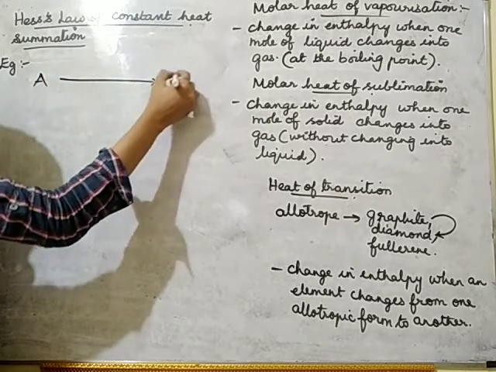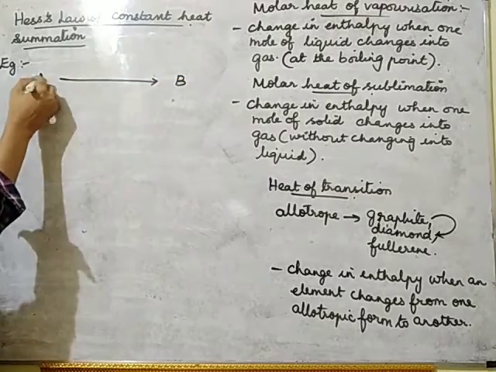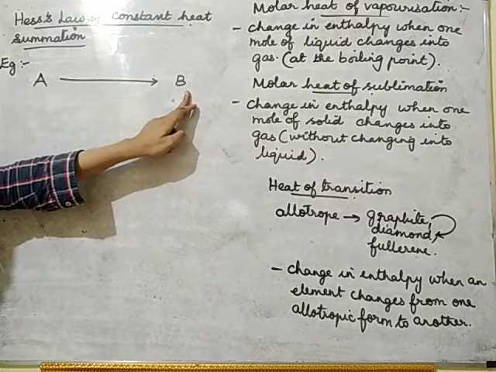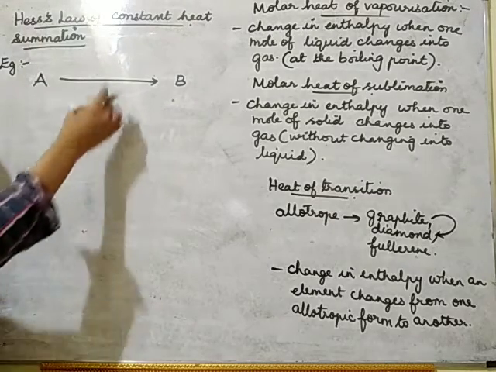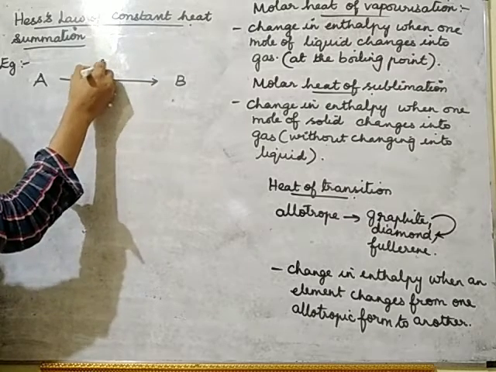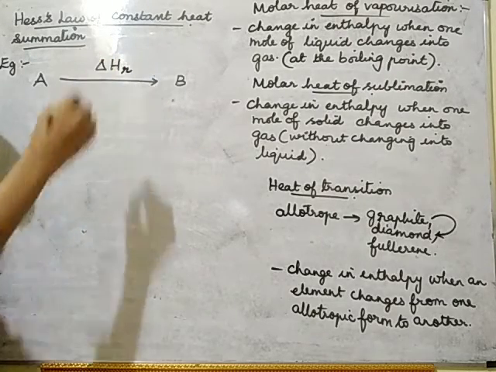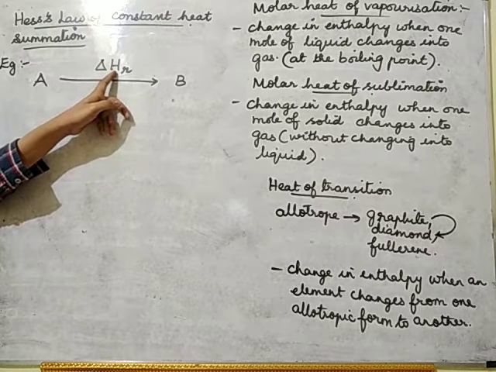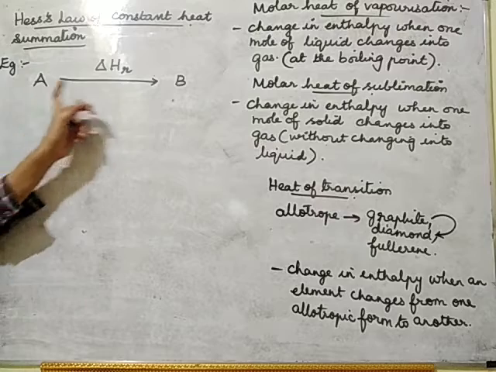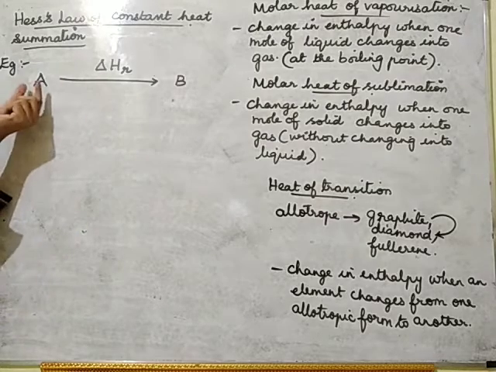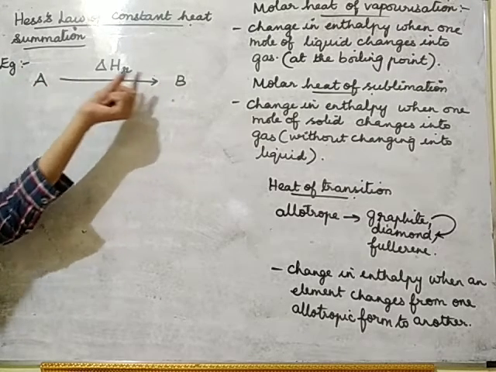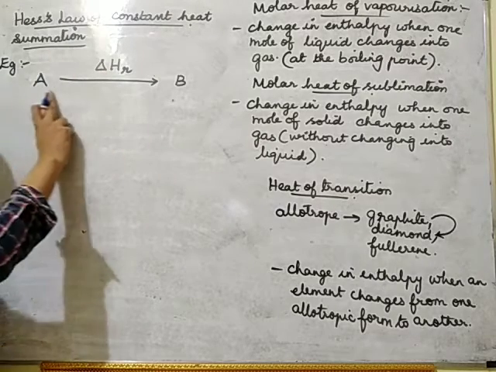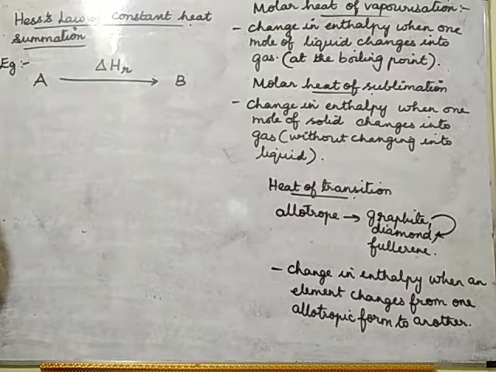This substance is going to form a compound B. So a reactant A is forming the product B. The change in enthalpy for this reaction, I am writing as delta HR. What is delta HR? The change in enthalpy for the reaction. So when A is changing into B, the heat change is delta HR.